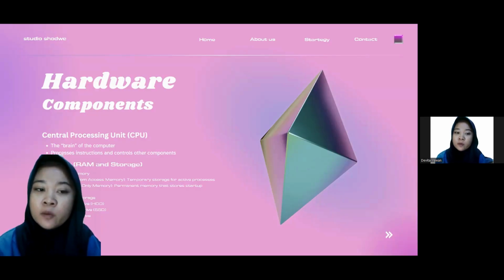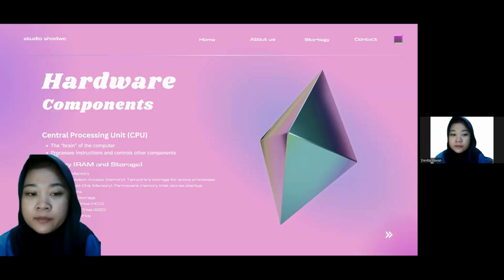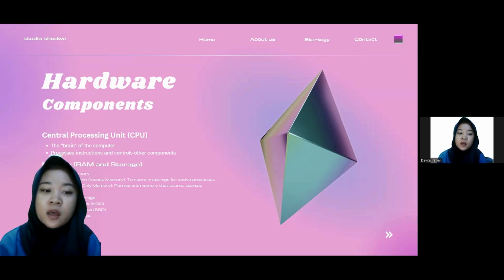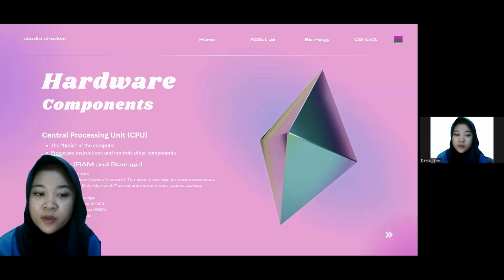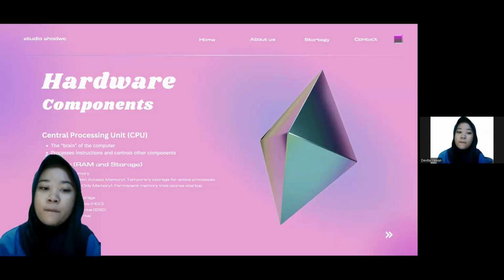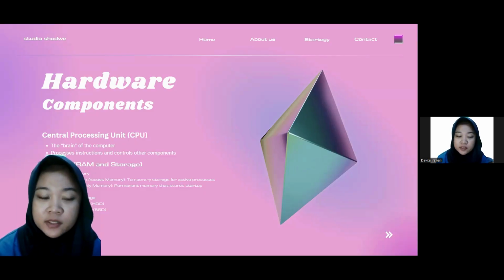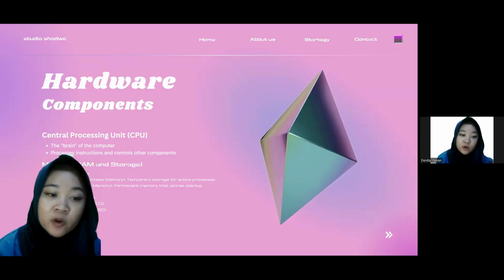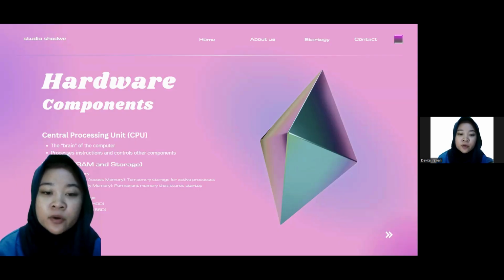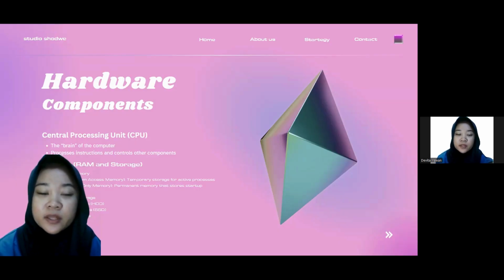And we have memory or RAM and storage. First, primary storage: RAM, random access memory, temporary storage for active processes. And we have ROM, read-only memory, permanent memory that stores startup instructions.